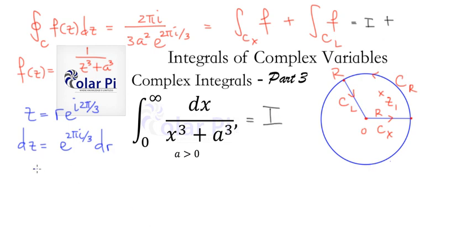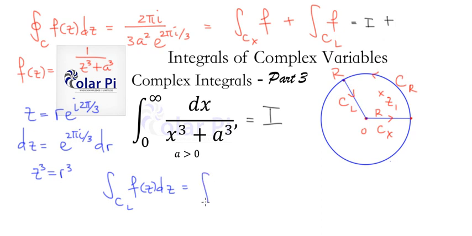So that means that since z cubed is equal to r cubed, the integral over CL can be done the following way. The integral over CL of f of z dz is equal to, well, first notice that we're going from r to 0 over CL, if we follow the correct orientation.